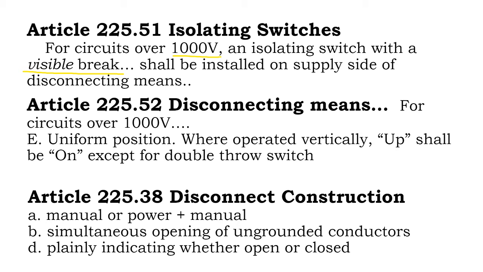They want to say, okay, whatever disconnect switch you're using, the inspector should be able to at least open up the box and look inside and see that it, in fact, is capable of disconnecting in the off position. That's over 1,000 volts. So now at the residential level, this has been kind of co-opted to say you need a visible disconnect for your solar disconnect as well, even though it might not be over 1,000 volts.